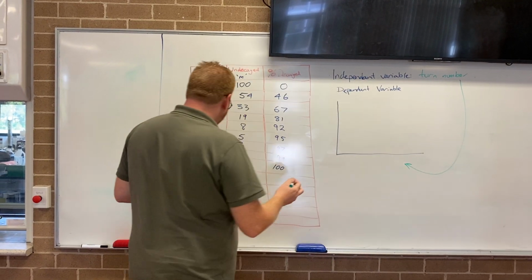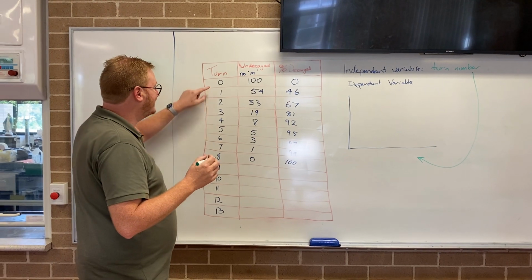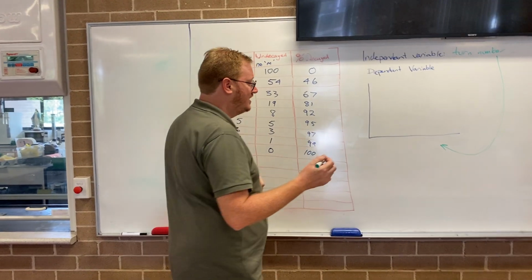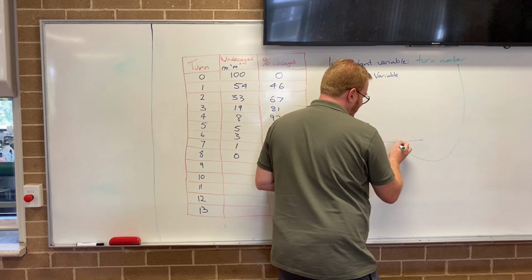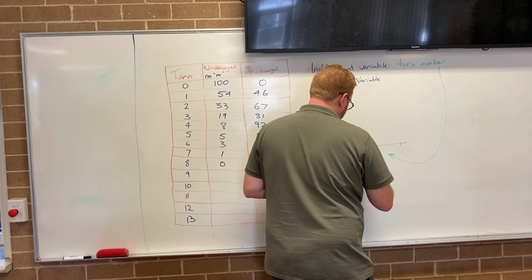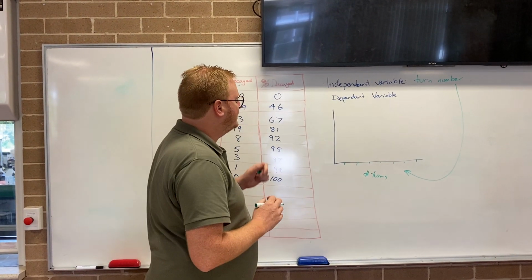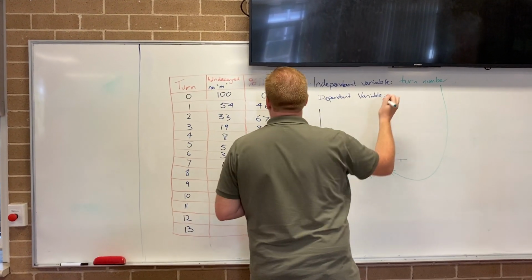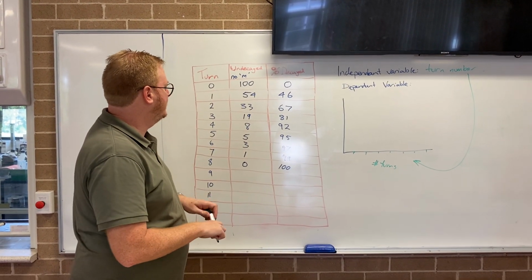So divided evenly, we haven't got 8 rounds, we've got 8 rounds plus the 0, so that's 9. So you want 9 equal spaces, and that's your number of turns along the x-axis. And our dependent variable is what we measured. What did we measure? The undecayed number, okay?